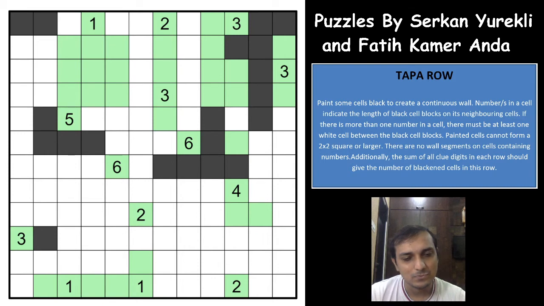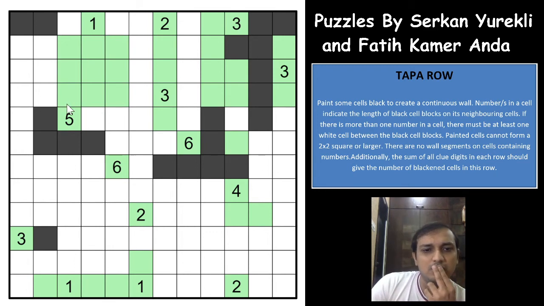Okay, anything else we get here? Seems to be a difficult one though. The 5 has one cell pending here. The 3 has either these 3 cells or these 3 cells.